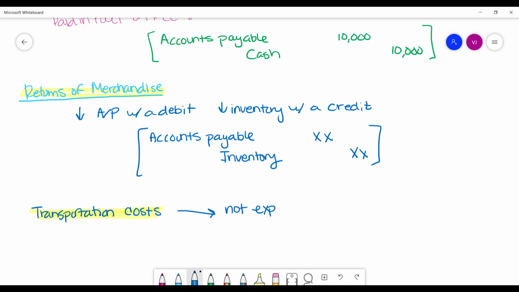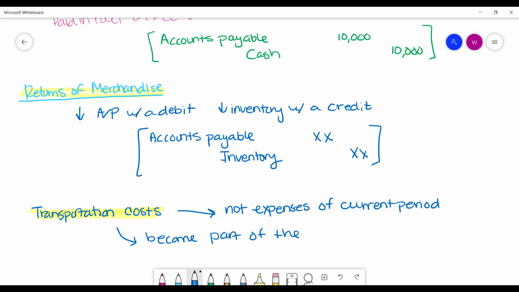They are not expenses of the current period. Instead, these transportation costs become part of the cost of the asset acquired or the merchandise acquired.